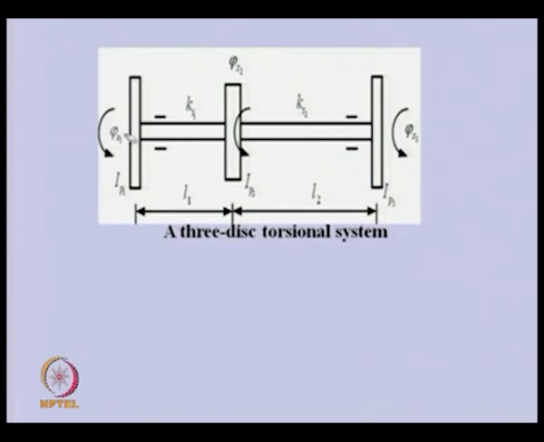The first disc has the absolute displacement phi z1, the second disc has phi z2 and the third disc has phi z3, and this rotor system is mounted on frictionless bearing.